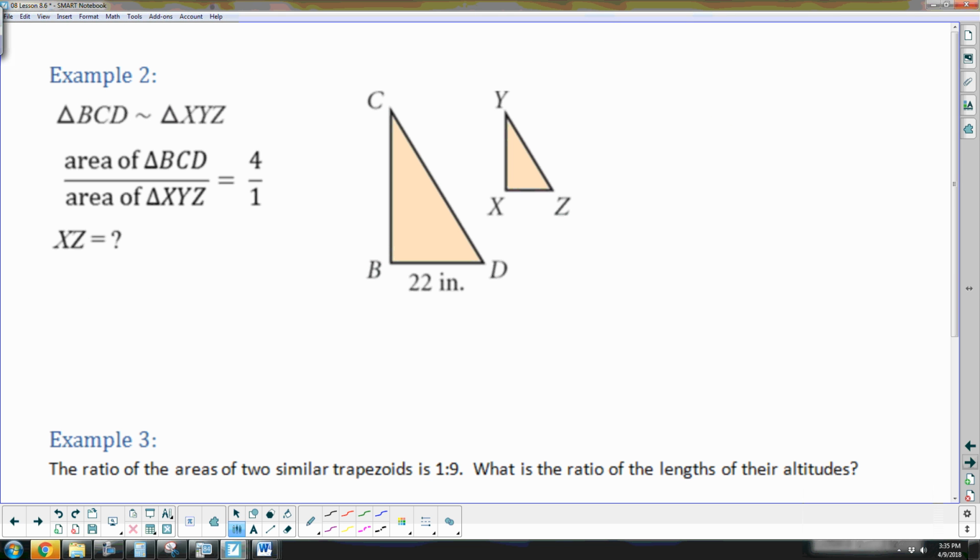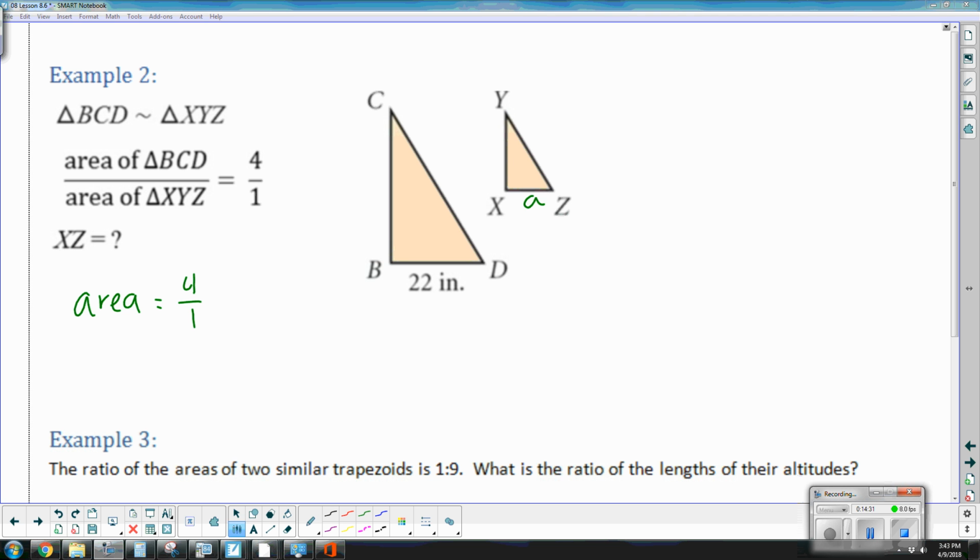All right, let's look at this next example. Here we know that triangle BDC is similar to triangle XYZ, which we need to know in order to use their ratios of area and side lengths. We're looking for this missing side length, we'll call it A. We know that the area ratio here is 4 to 1, but we don't know the sides ratio.